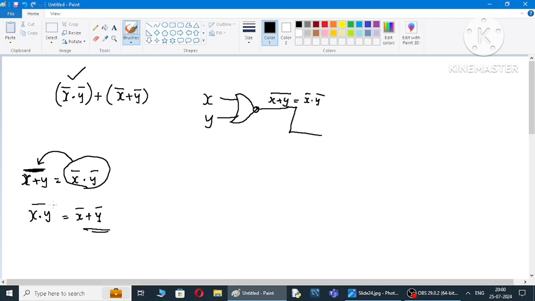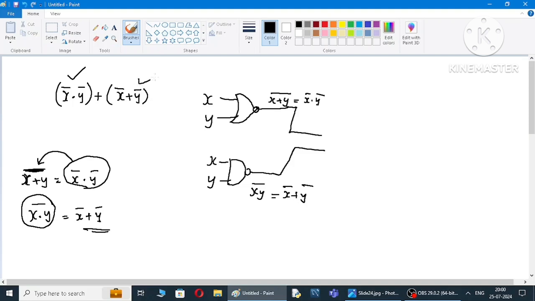Instead of drawing this, we will put it in a NAND gate. So x, y put inside a NAND gate will give you xy whole bar, which is x bar plus y bar. The second part is also ready. Now put them in an OR gate.